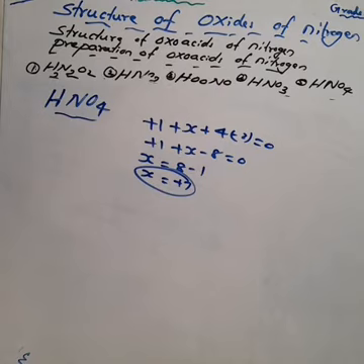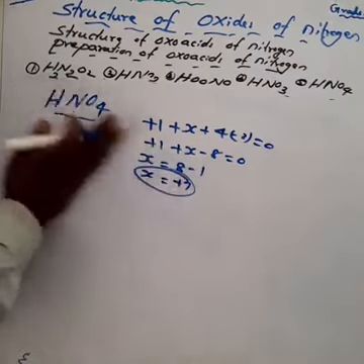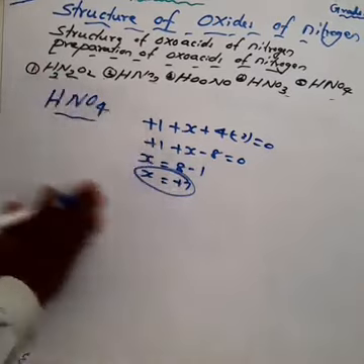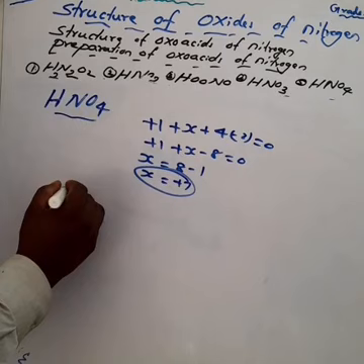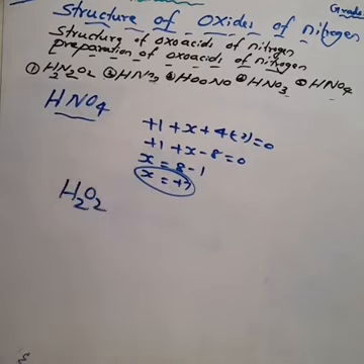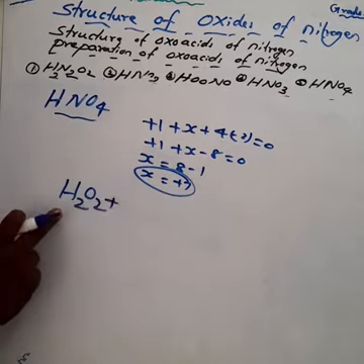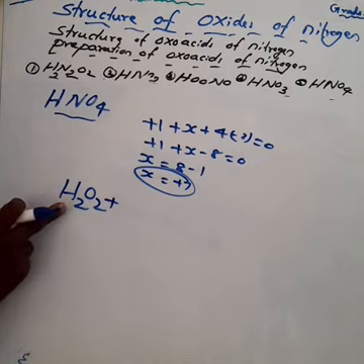Next, the preparation of pernitric acid. In the pernitrous acid, we take nitrous acid and also hydrogen peroxide. Am I right? Here also, same like that, we are taking hydrogen peroxide. What is the formula of hydrogen peroxide?